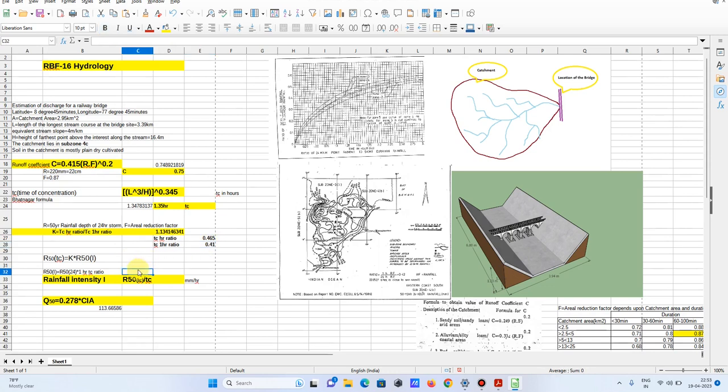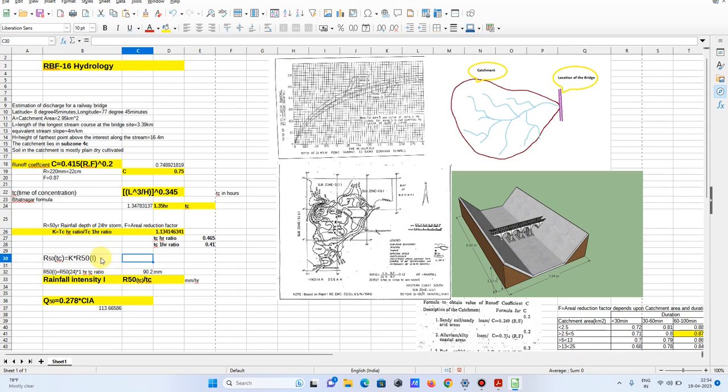Okay, so I will calculate this R50I. R50I equals the 24-hour storm, 220, into this TC 1 hour ratio, 0.41. So we found this R50I, which is coming to be 90.2 mm. We'll put that 90.2 mm here in this R50TC.